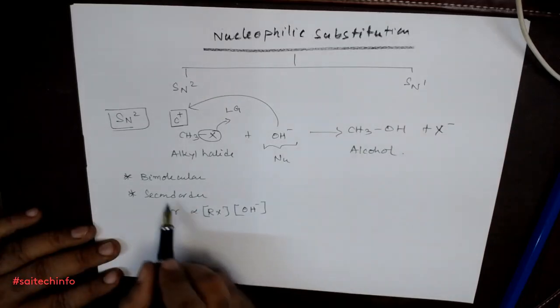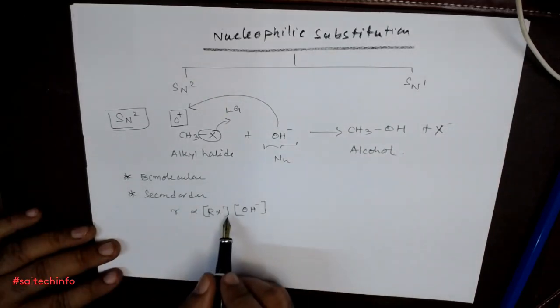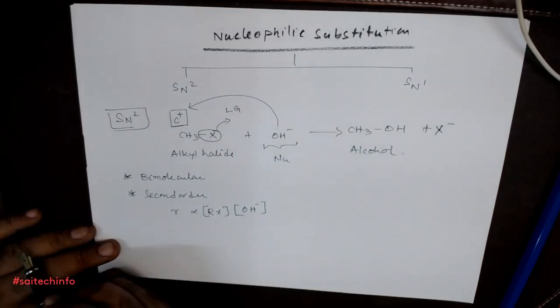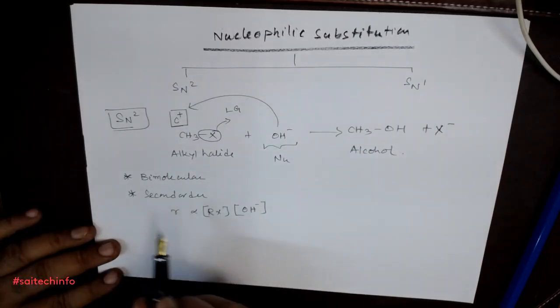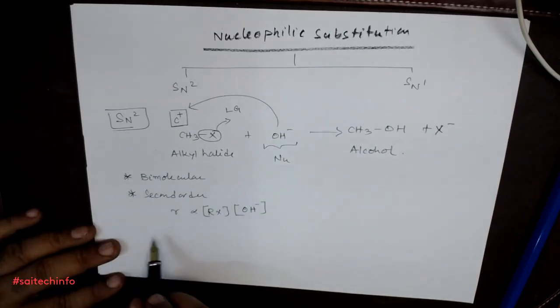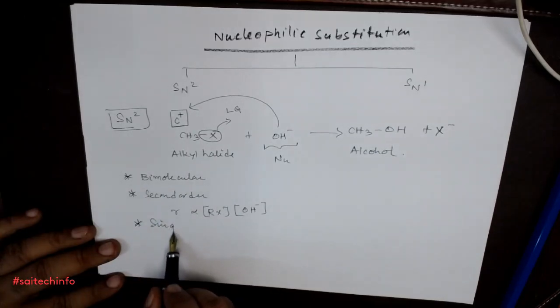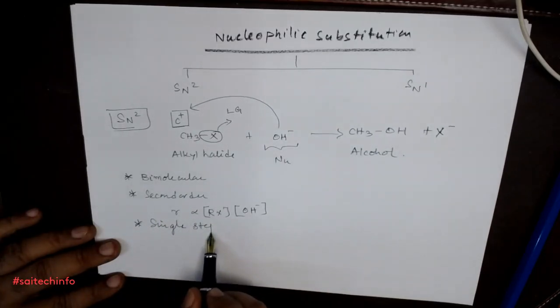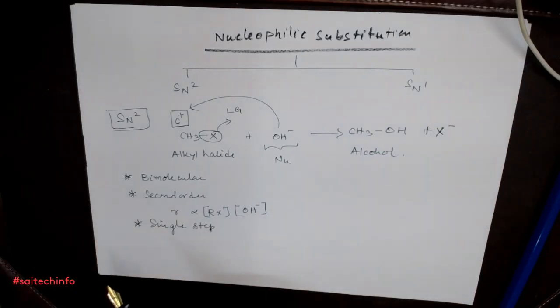So that is why it is called second order. It depends on two moles of two different reactants, and you have a single step reaction in this case. So these are all the salient features of SN2.